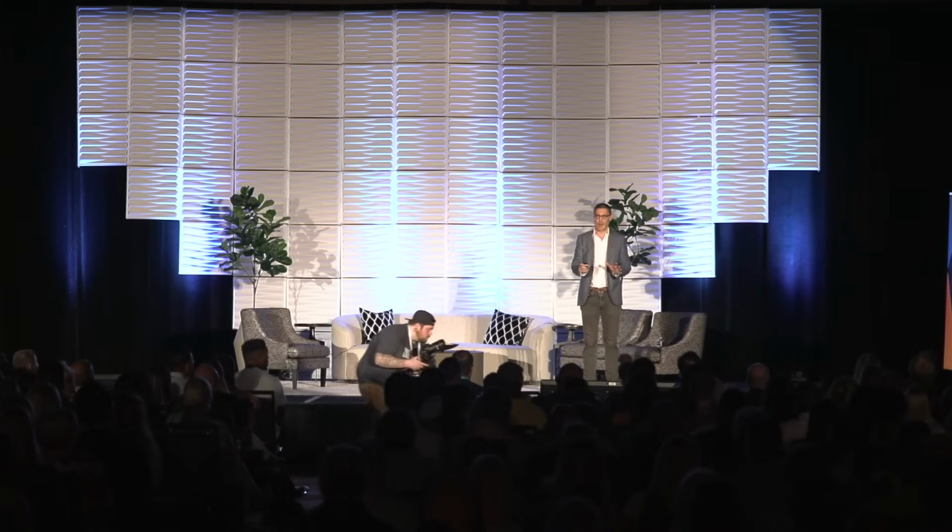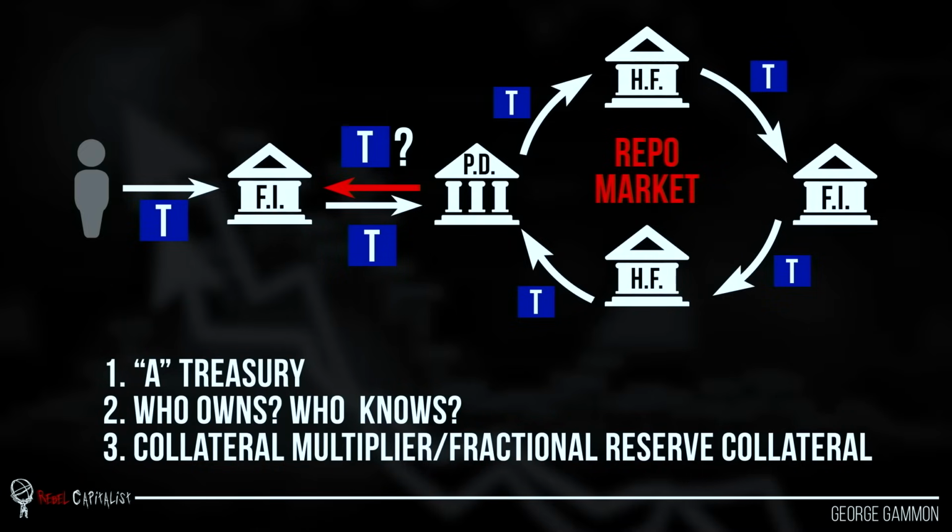Okay, basically we call this a collateral multiplier, and to get your head around how this really works, it's simply fractional reserve collateral. You guys know how fractional reserve banking works, where they take on $100 and keep $10 and create loans for the rest.